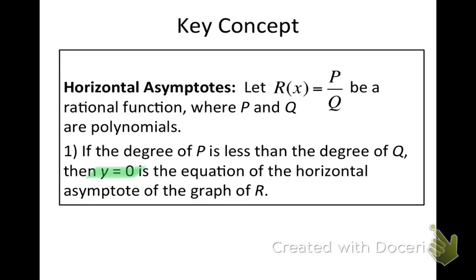Is number 2 if it's the opposite? That's number 3. Number 2 is if they're the same degree. Don't rewrite this again, that's going to pop up on the next screen. Just rewrite number 2.